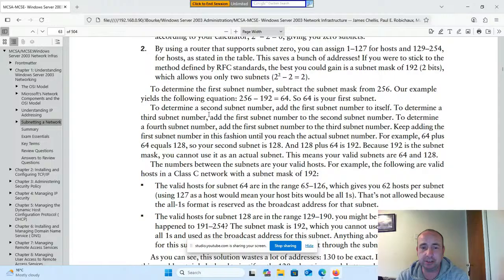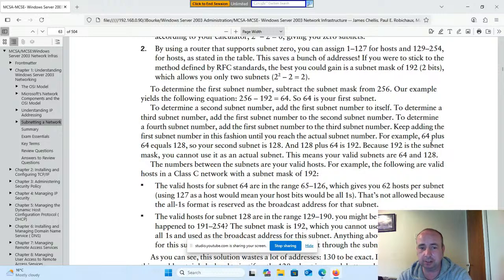To determine a second subnet number, add the first subnet number to itself. To determine a third subnet, add the first subnet number to the second subnet number. To determine a fourth subnet number, add the first subnet number to the third subnet number. Keep adding the first subnet in this fashion until you reach the actual subnet mask number.